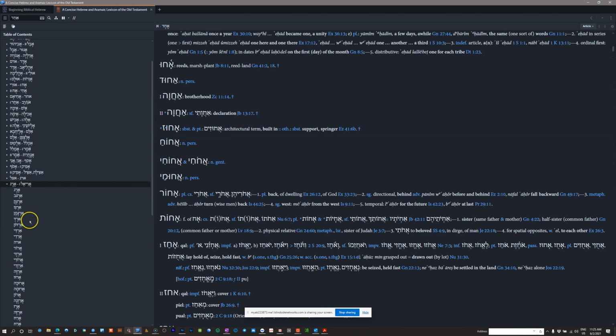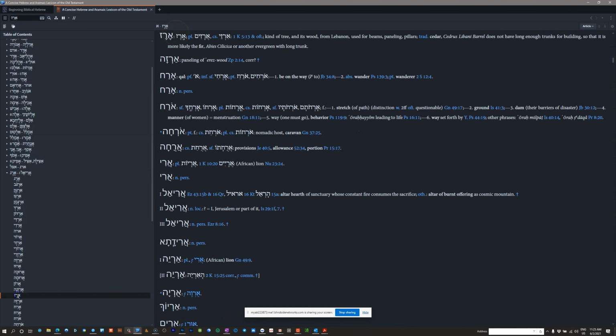Okay, so Vav, Zayin. So we got Aleph Resh Vav, Zayin. Erez, okay? So this is the noun we want. And this is a segalit as well. So let's click on this. Erez refers to a kind of tree and its wood from Lebanon.